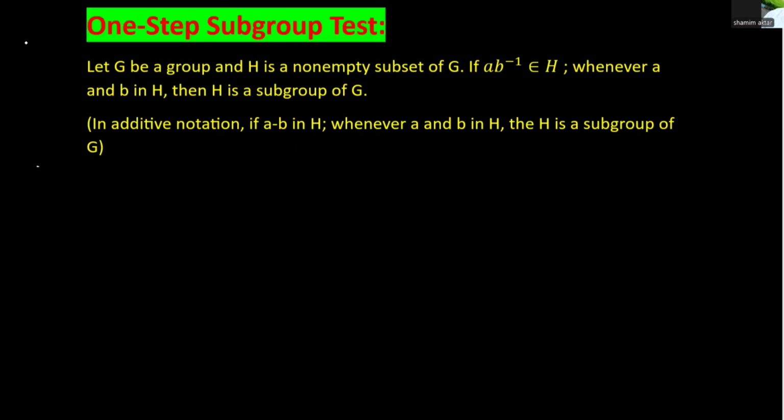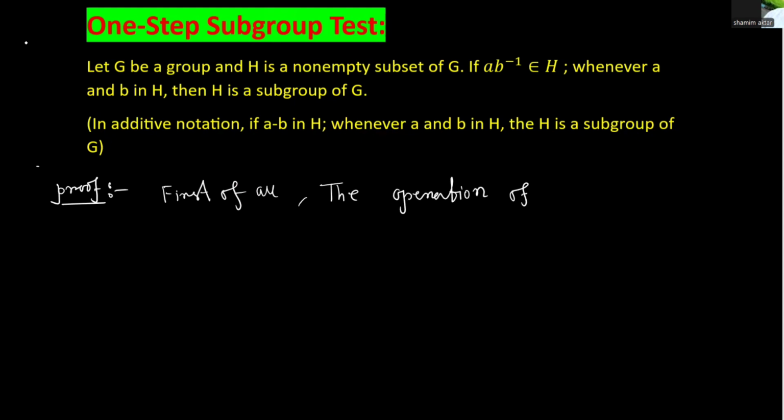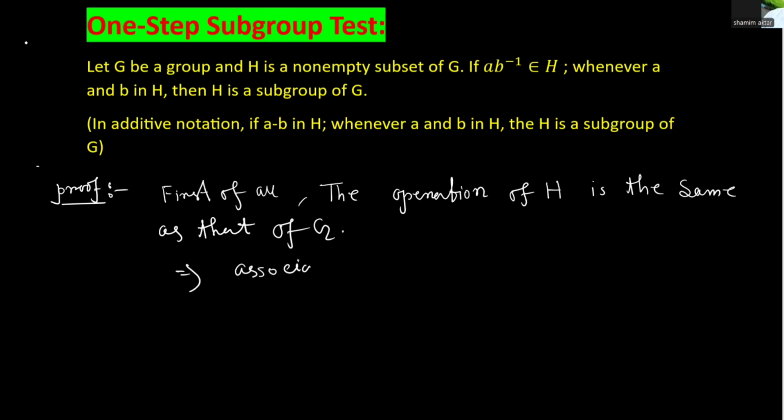Okay, let's start the proof. First of all, the operation of H is the same as that of G. So this implies the associativity holds. Associativity automatically holds.